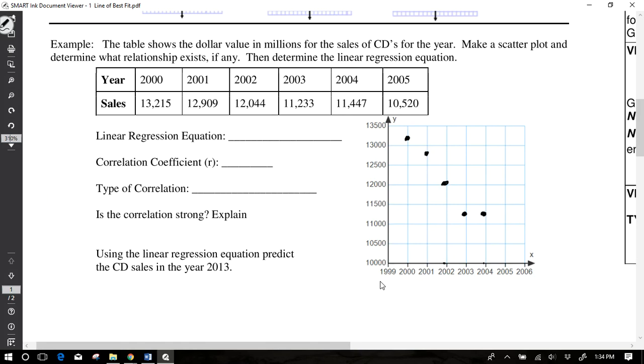Okay, and oops, that would be higher. And then 2005 is 10,520, so almost right there.